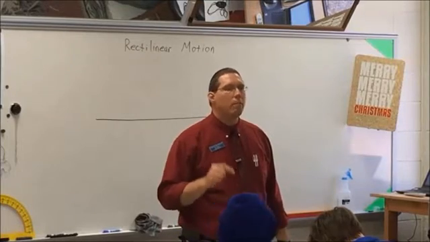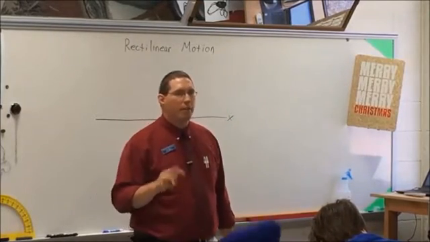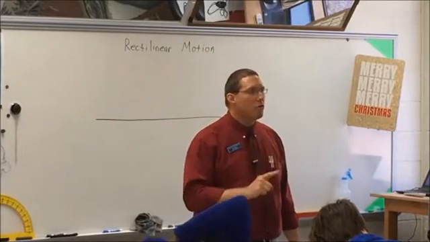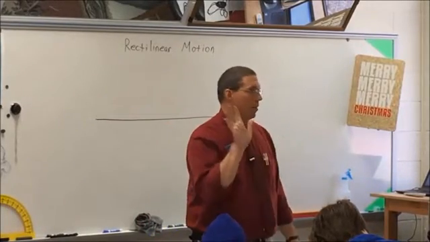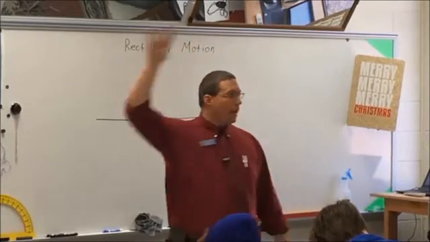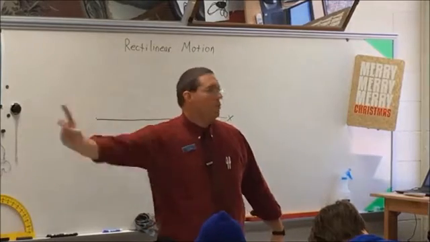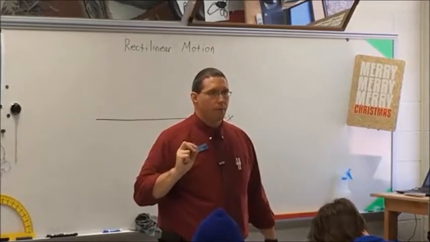We are only going to be dealing with the position of an object, the velocity of an object, and the acceleration of an object as it moves along a single axis. That's it. So it might be moving along three axes, but we're only going to follow it along one of those axes.